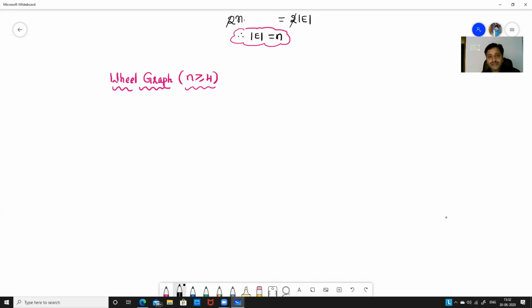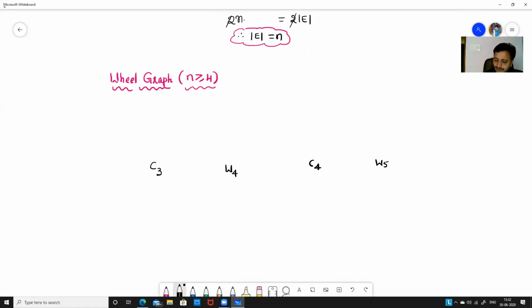First, let me explain how to construct a wheel graph of order 4. W4 is derived from the cycle graph of 3 vertices. Similarly, W5 can be derived from the cycle graph of 4 vertices.